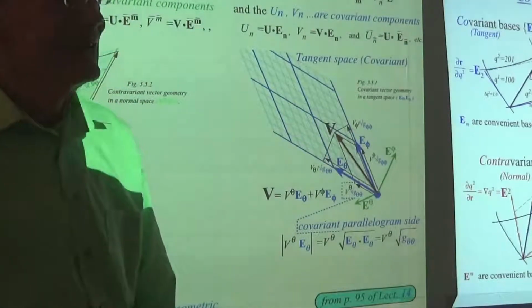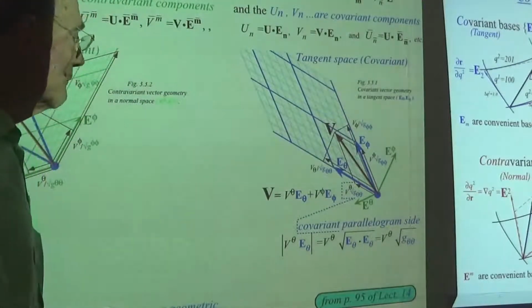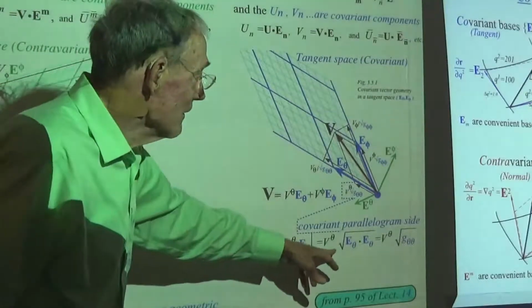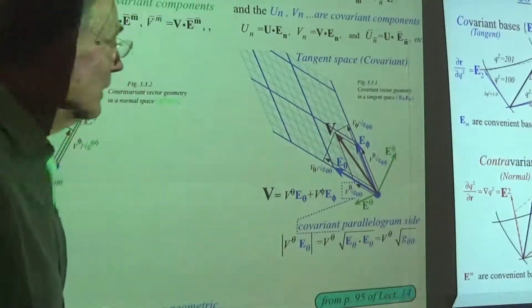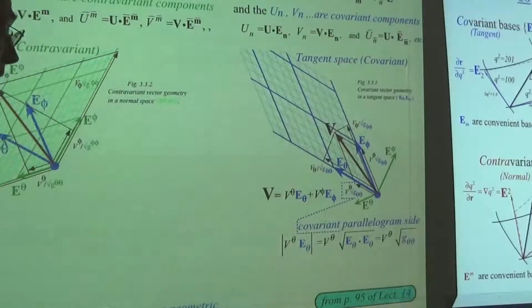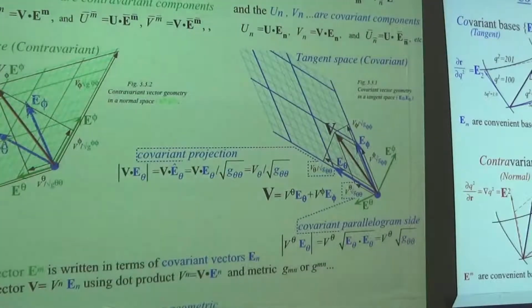So I'll let you take this, puzzling, being aware of that relationship of the metric coefficient. And we've only done a little bit here. That's what I call the covariant projection. There are nice names for it.